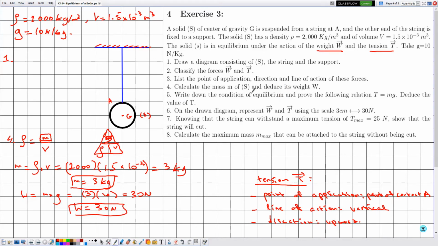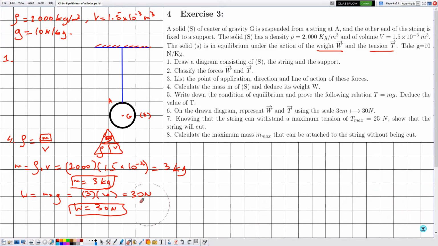Now in number 5, they are telling us to write down the condition of equilibrium. So this part consists of several parts. Let me start with the first one, which is writing down the condition of equilibrium. Whenever they ask us to write the condition of equilibrium or the vector relation, we always start with the following title, which is at equilibrium.